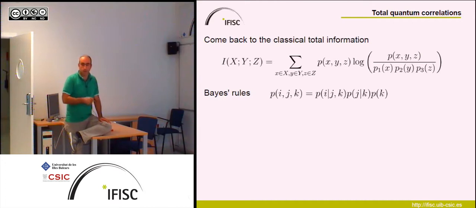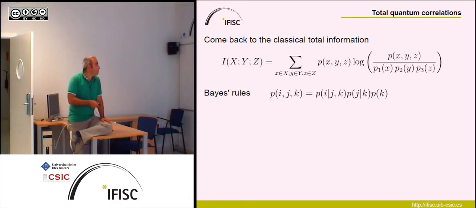So let's come back to classical information theory. Now we consider three variables, and the total information is given by the sum over p of the three variables times the logarithm of the ratio between the joint probability and the three individual probabilities.